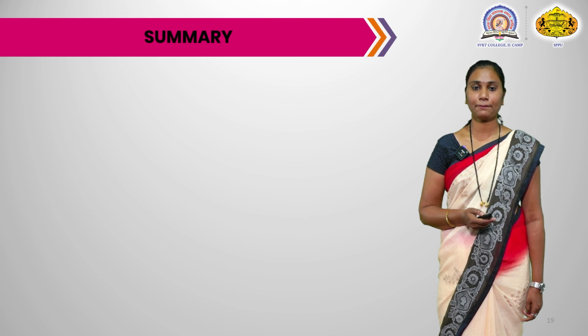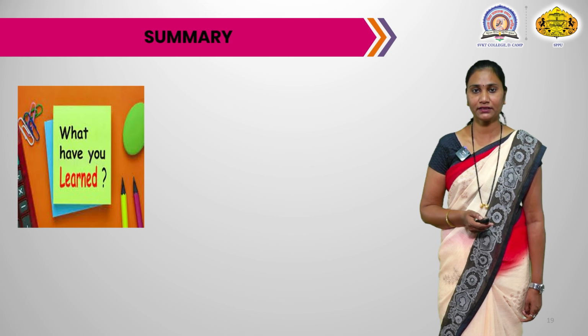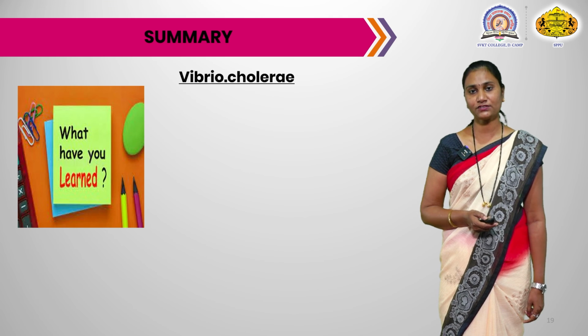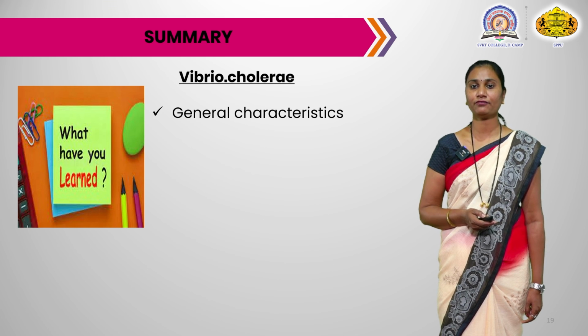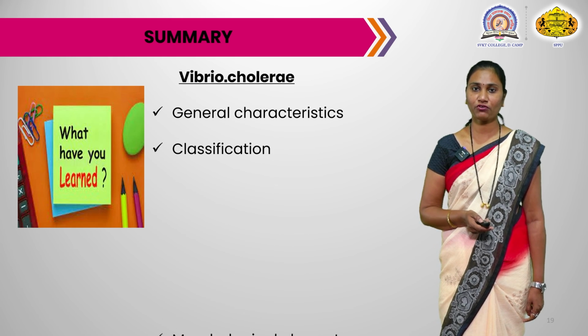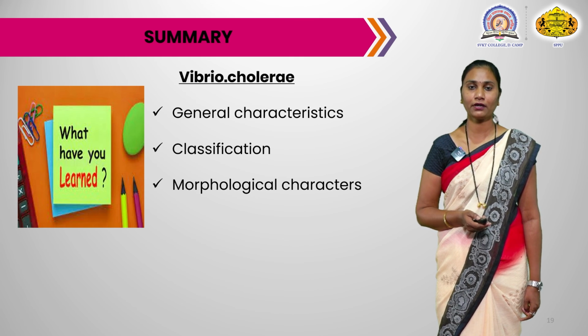Now let's see what we have learned in this particular lecture. In today's lecture we discussed Vibrio cholera. We have discussed the general characteristics of genus Vibrio, followed by classification of Vibrio and morphological characteristics of Vibrio cholera.